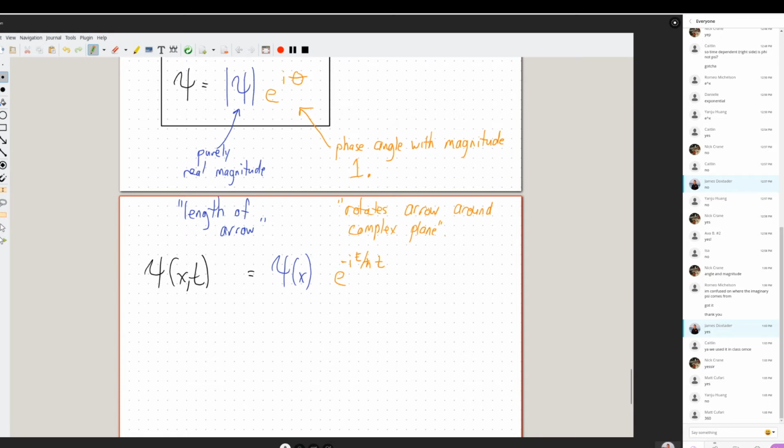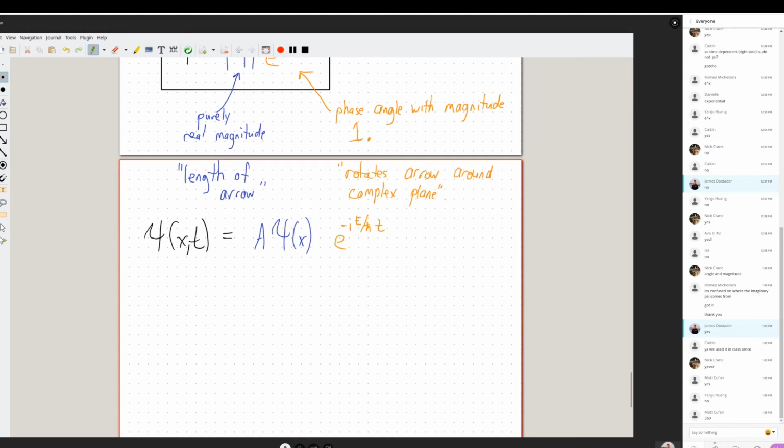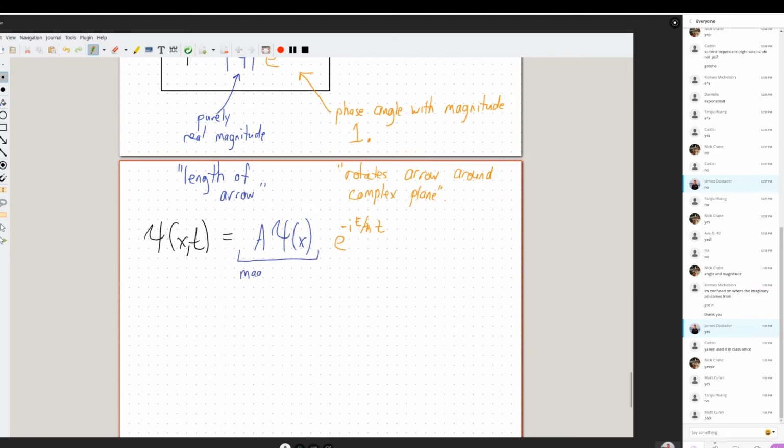And there's an amplitude out front. So what this tells us is that solutions of this type, where we can separate out position and time, have this form, and that means that the magnitude depends on position.